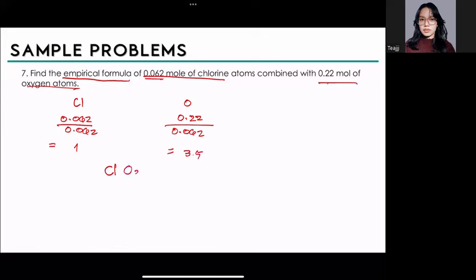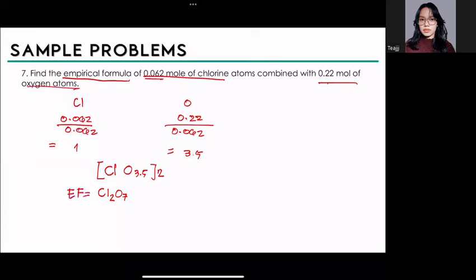That's O 3.5. Now, in our rules, we are not allowed to have subscripts like 0.5. To get rid of that 0.5, we multiply everything by 2. The subscripts. So that's Cl sub 2 and then O sub 7. So that's the compound that we saw earlier, dichlorine heptoxide. So that's its EF.